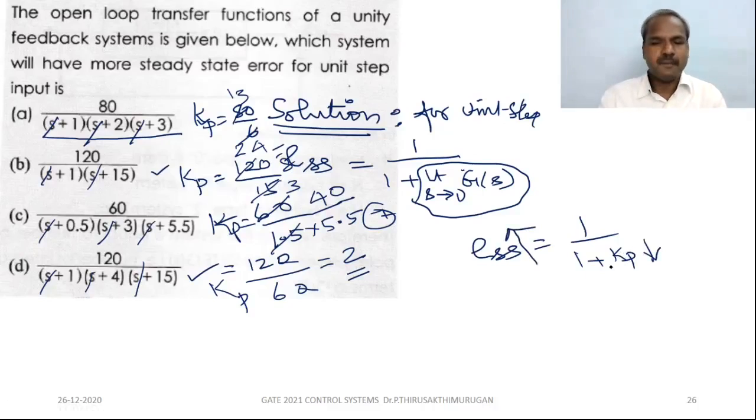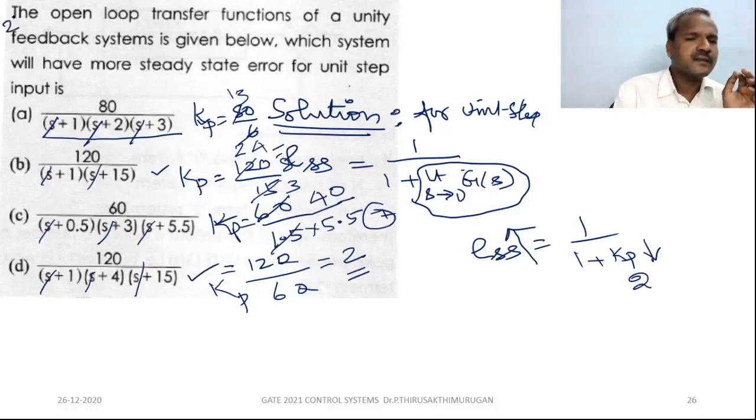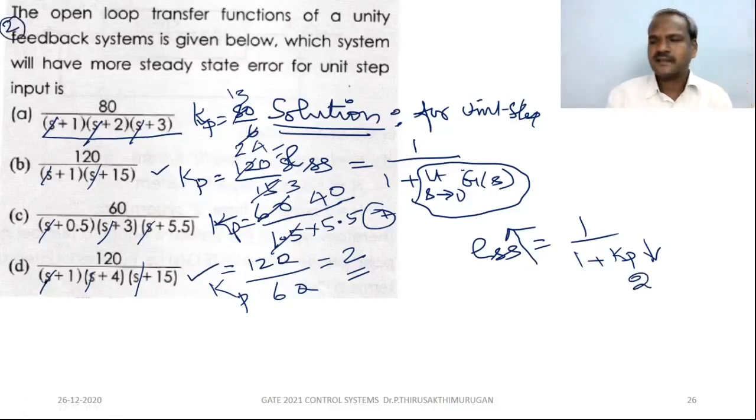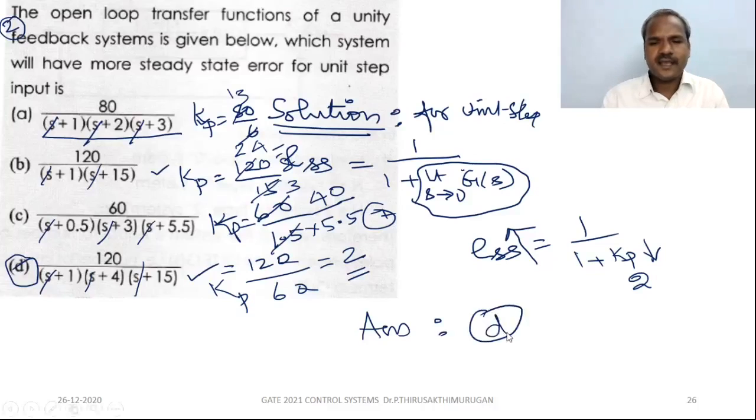So the Kp value which is smaller is 2. So in the second problem, the answer is D. D has more steady state error. So the answer is option D.